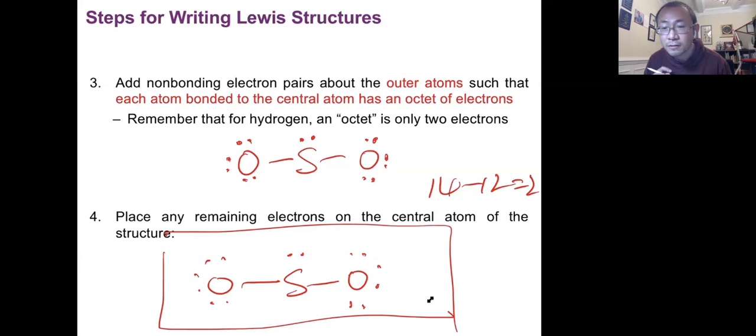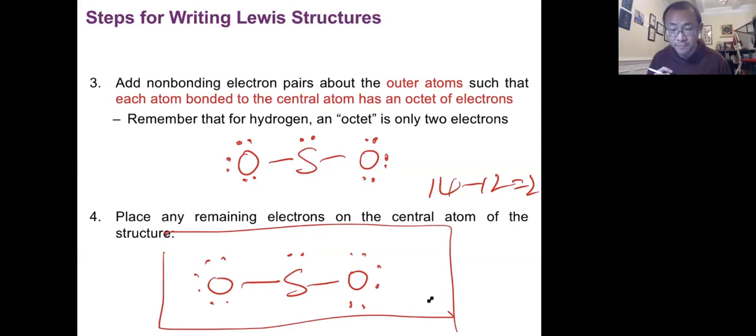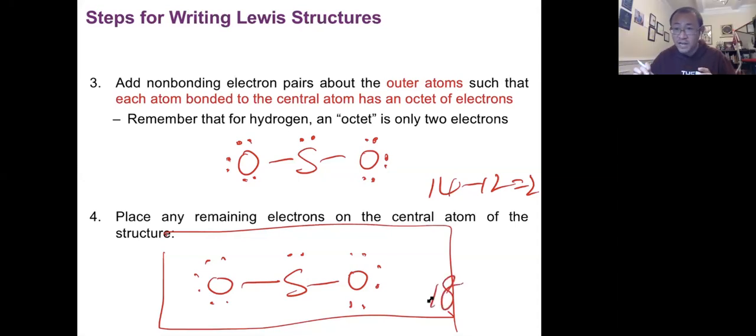There are 14 electrons in lone pairs, and then there are 2 bonds. So do you see 18? Yes, there are 18 electrons. Very good. So keep checking. You are not using more than 18 or less than 18. By now, you should use all of it.